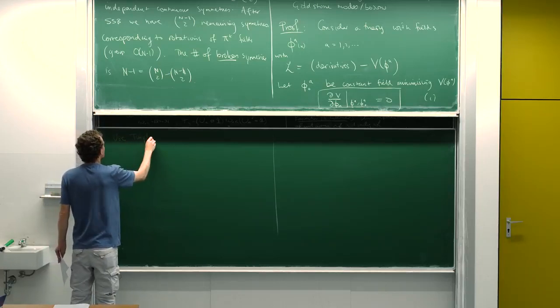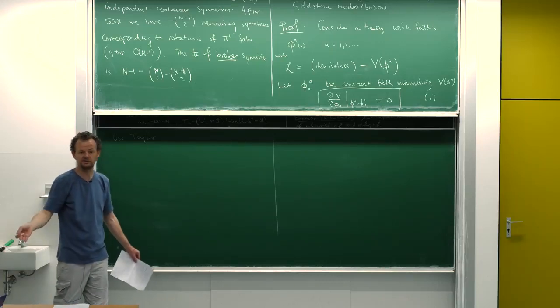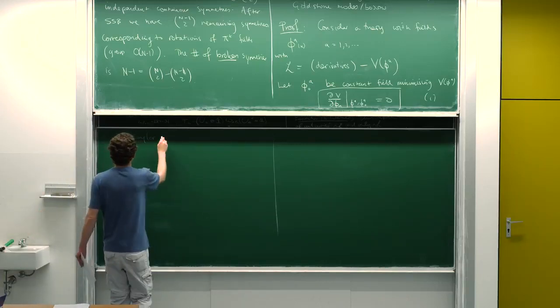Now, to talk about the dynamics of the system near the potential minima, we're going to approximate the potential near the minima. For that, we need a Taylor series.